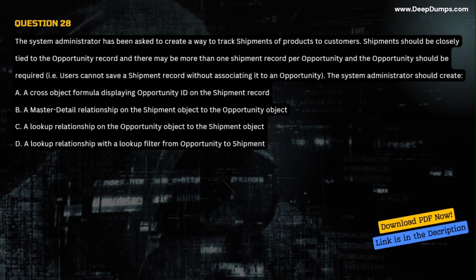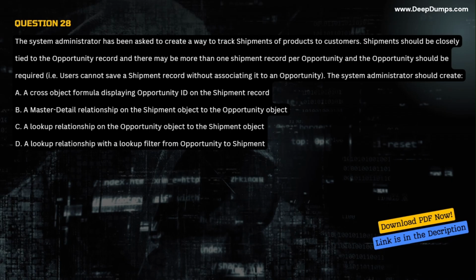Question 28. The system administrator has been asked to create a way to track shipments of products to customers. Shipments should be closely tied to the opportunity record, and there may be more than one shipment record per opportunity, and the opportunity should be required, i.e., users cannot save a shipment record without associating it to an opportunity. The system administrator should create A. A cross-object formula displaying opportunity ID on the shipment record. B. A master detail relationship on the shipment object to the opportunity object.